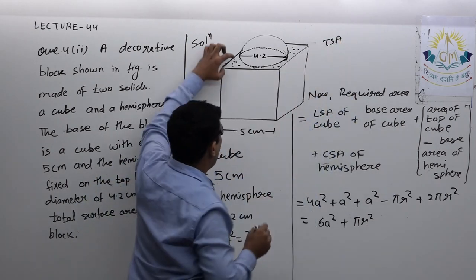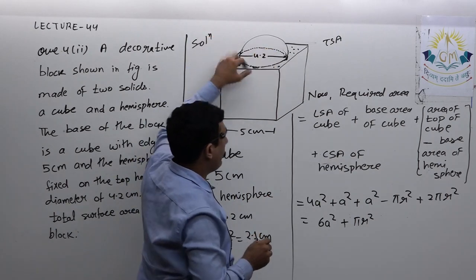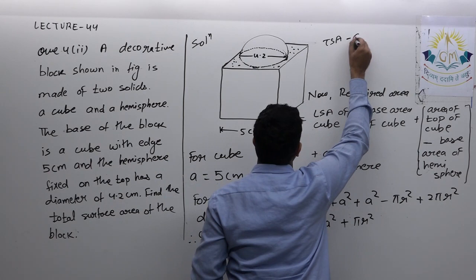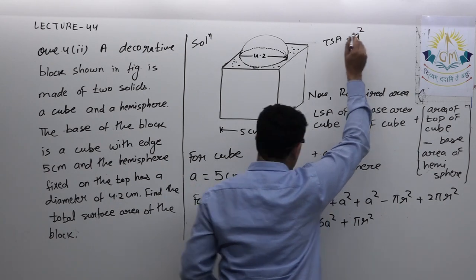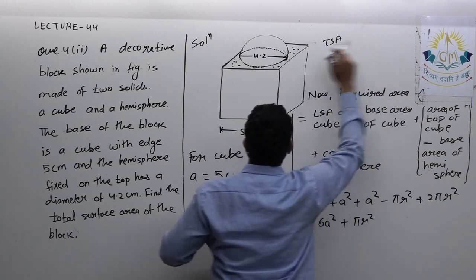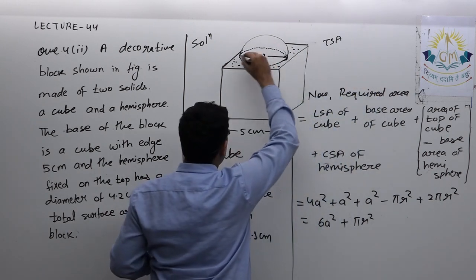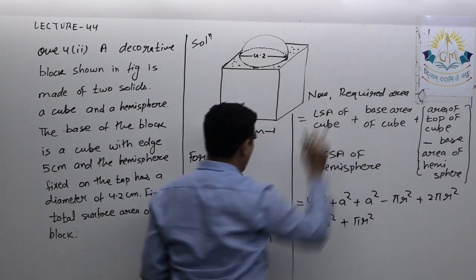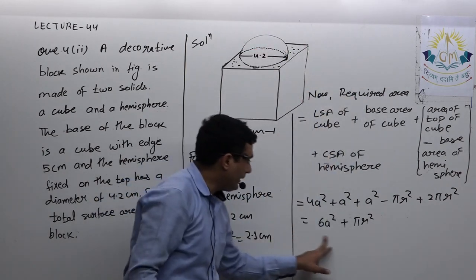Now, definitely I added this top area extra, isn't it? So I will subtract that. That means from total surface area, I will subtract that. And I have to add the CSA of this hemisphere, and I have to subtract this base area. So by doing so, I will again get the same thing.